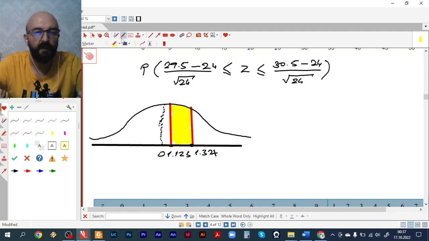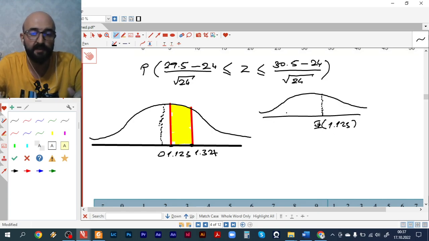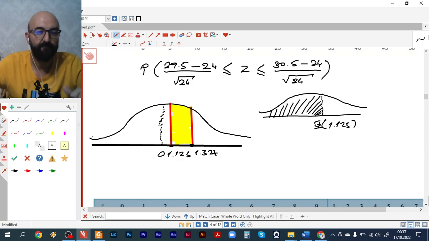And please remember that we should use the Z table. When we look at the phi of 1.123, the Z table shows us the big area, so we can find this area.